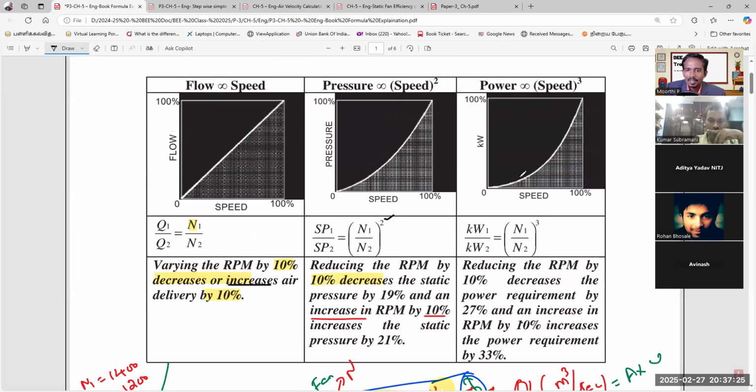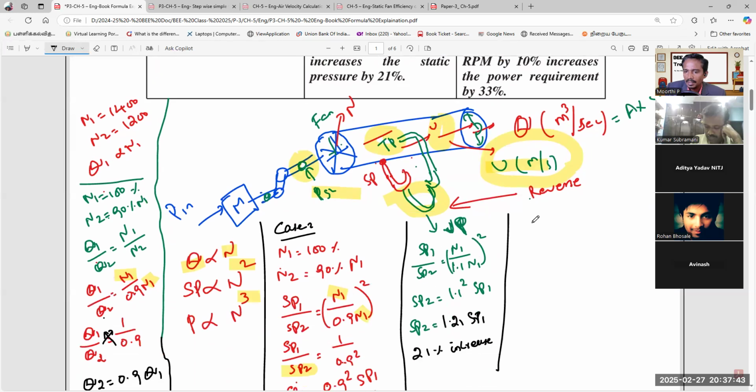So another calculation: kilowatt, when the RPM is reduced by 10%. What will happen? Now RPM is 100%. N1 is 100%. I am going to decrease by 10%. Suppose 1500 RPM. 10% decrease means how much value? Any idea? N1 is 1500 RPM.